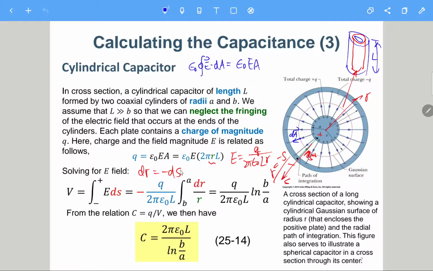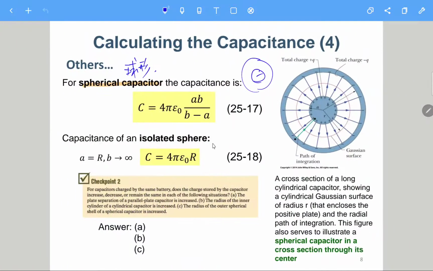And here, I think E is not a constant, because when you consider this is a spherical, this is inversely proportional to R squared. So E is not constant here.